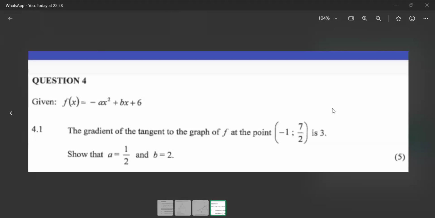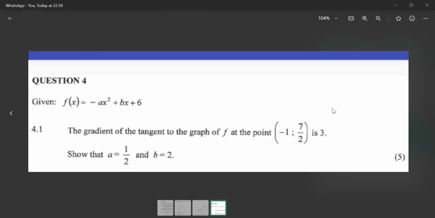So here they say to us, it's given that the function f is defined as f(x) = -ax² + bx + 6. Furthermore, they say the gradient of the tangent to the graph of f at the point (-1, 7/2) is 3.